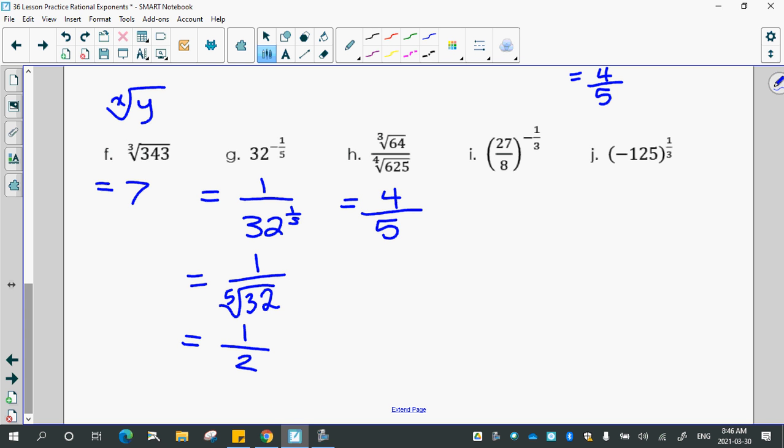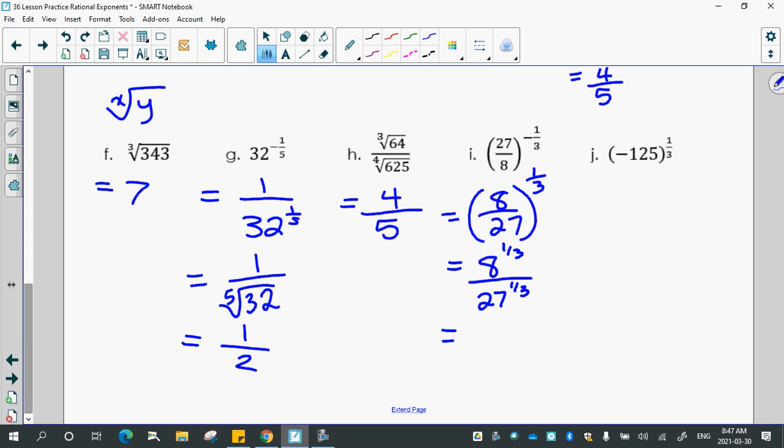Okay. What do you think the first step would be? Flip the fraction. Yes. So flip the fraction to the positive 1/3. Fraction to a negative exponent rule would be our first step. Then we can apply that exponent to the numerator and the denominator.